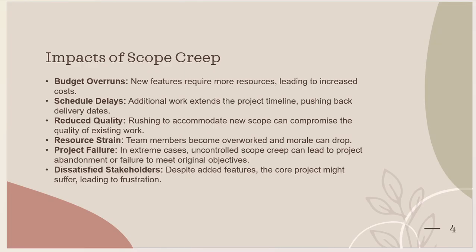In extreme cases, uncontrollable scope creep can lead to project abandonment or failure to meet the original objectives, and dissatisfied stakeholders. Despite adding features, the core project might suffer, leading to frustration. That's the dissatisfaction of the stakeholders.